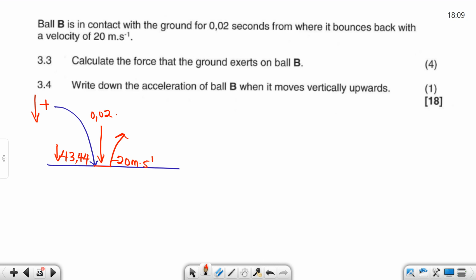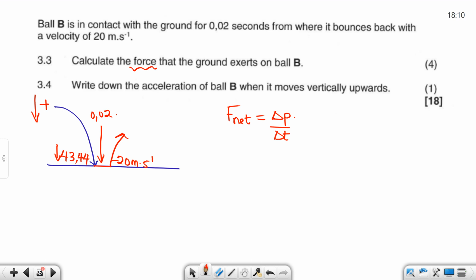Now, what are we looking for? Calculate the force that the ground exerts on the ball. Examiner is now bringing in force. What comes to my head is to say F net is equal to change in momentum over change in time, because there is a force involved.